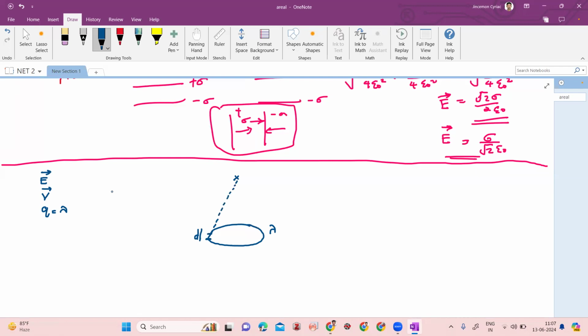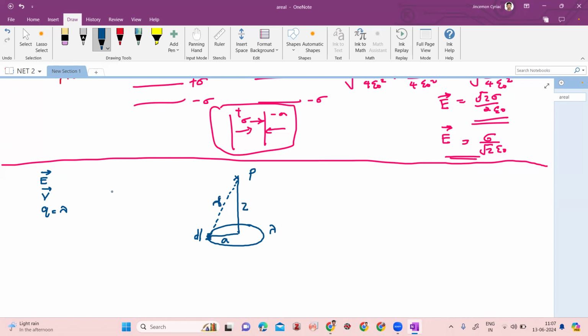Let a be the radius, and Z be the axis, with distance Z. Consider a very small line element dl, and let P be the point. R is the distance from this line element to the point P.